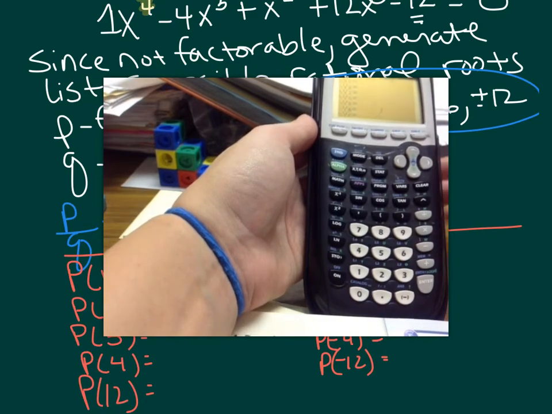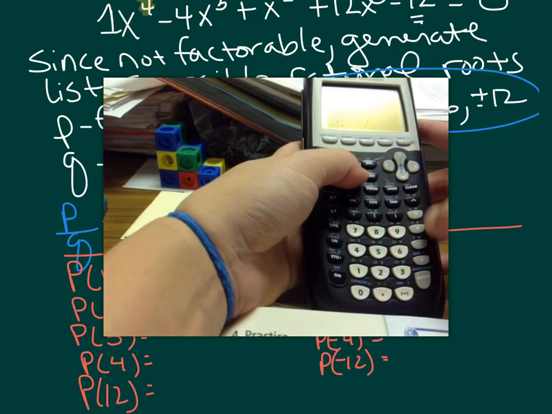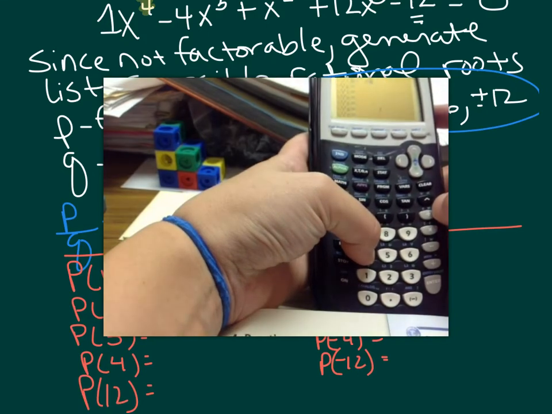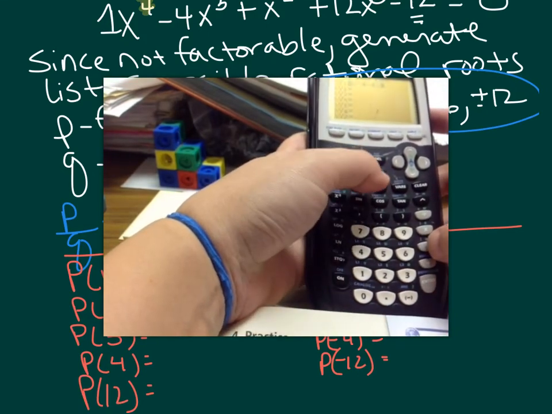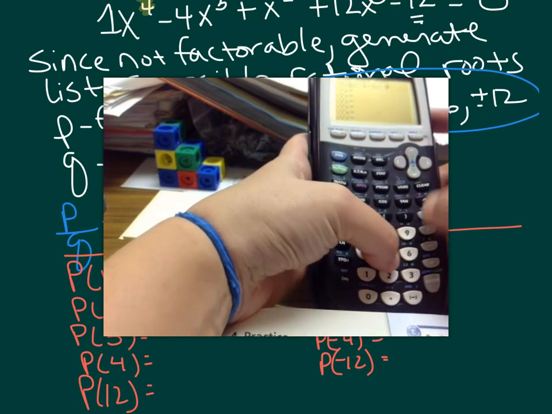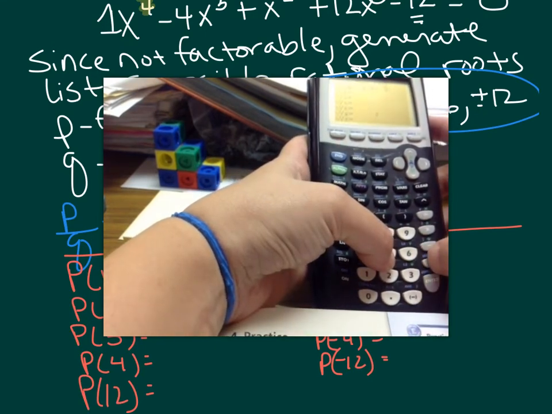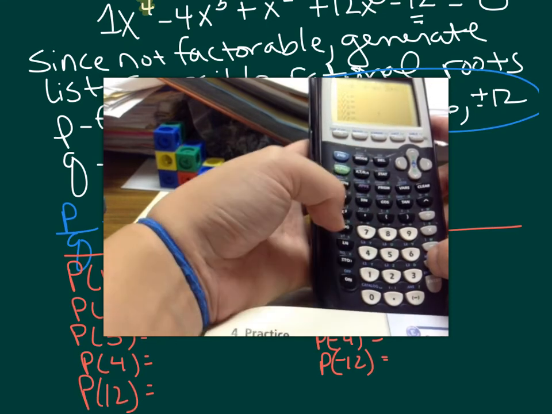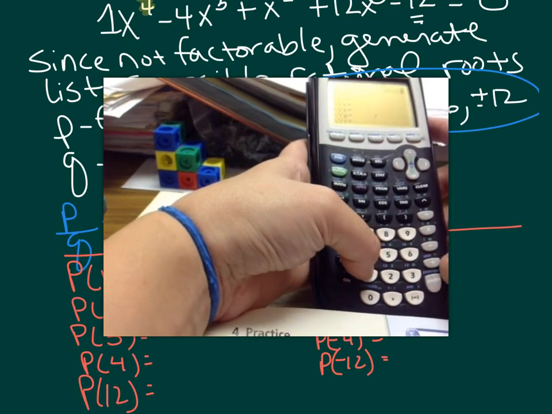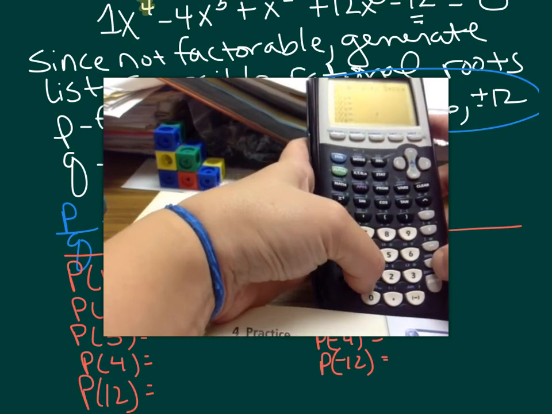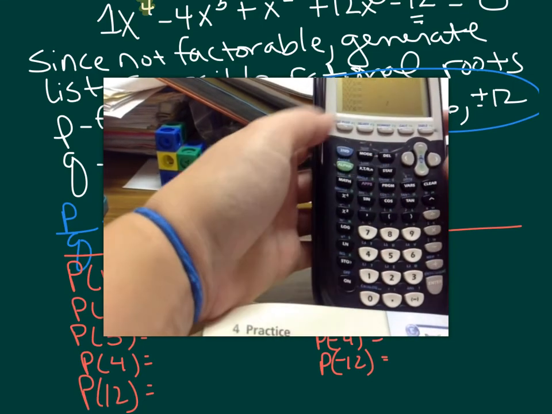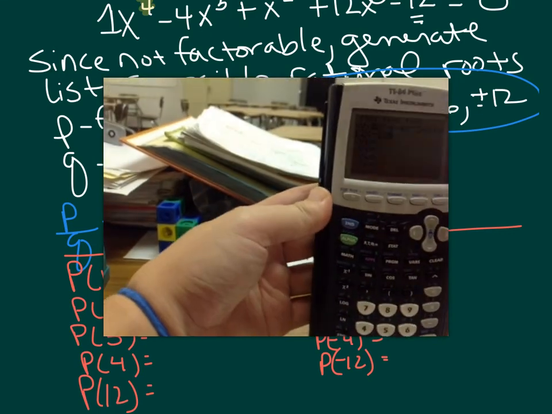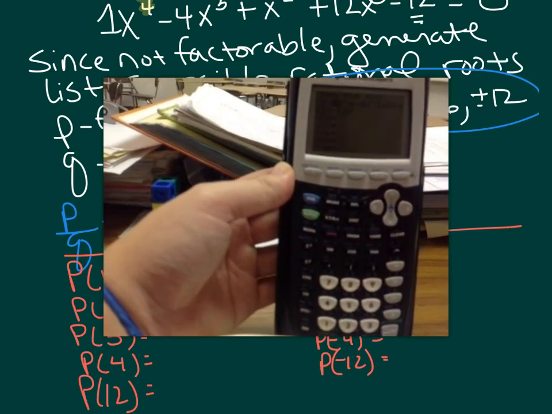So we are going to do y equals x to the fourth minus 4x to the third plus x squared plus 12x minus 12.